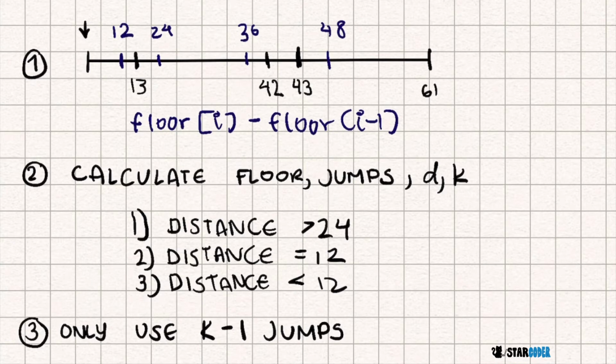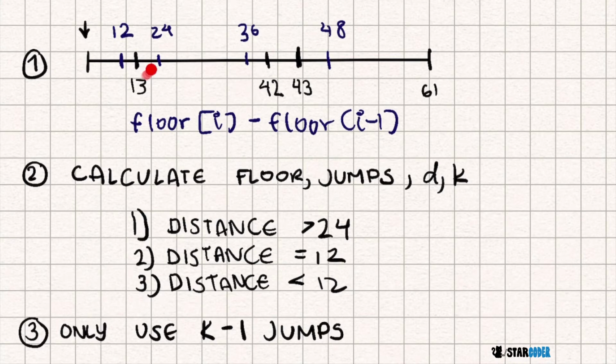But if we were doing math, it would be floor I minus 1 minus floor I plus 1, and that just evens out to floor I minus 1 minus 12. All this is just to say, if the distance is greater than 24, the value of jumps I is floor I minus 1 minus 12.